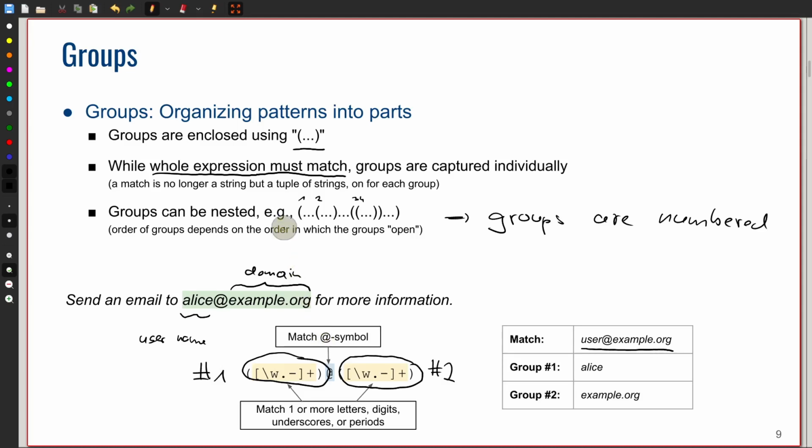Based on which group was opened first, that is group number 1, and the second one would be group number 2, which in this case would be exactly the username and the domain. And now we have quick access to the individual parts of our matches, which can be used for further analysis.